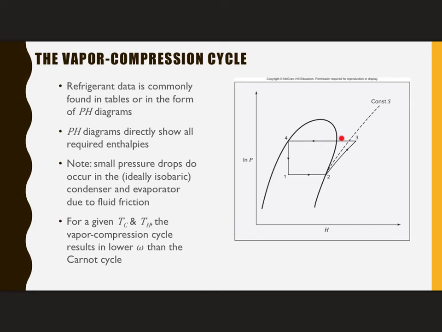Temperatures will kind of go across like this, entropies will come down this direction, and we like these graphs for analyzing vapor compression refrigerators. I'm finding that hard to say today. 3 to 4 and 1 to 2 are isobaric, so they are straight lines on this graph.